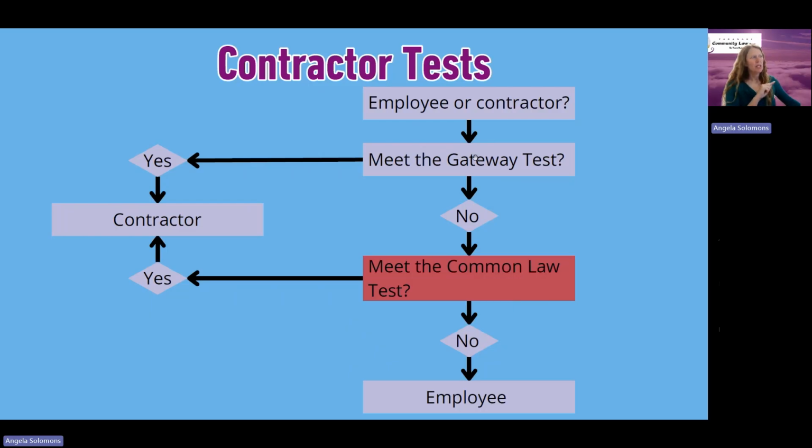And it's really important that just because someone met some of the criteria of the gateway test, that doesn't create any presumption one way or another about whether they are a contractor, because the common law test operates quite differently. Where the gateway test was a checklist, the common law test is a weighing up of the factors of their relationship. So it's about the real nature of the relationship between the parties.